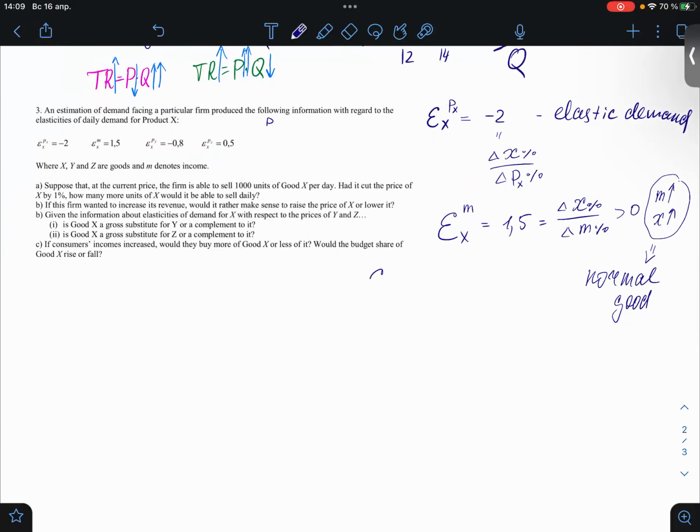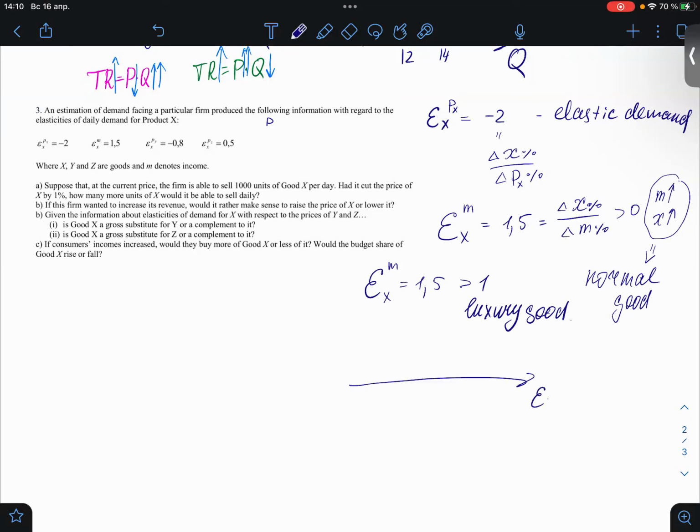Also, our elasticity of good X by monetary income equals 1.5, which is bigger than 1. So the reaction is strong, and we can call such a product not only normal, but also a luxury good. You can do like this.